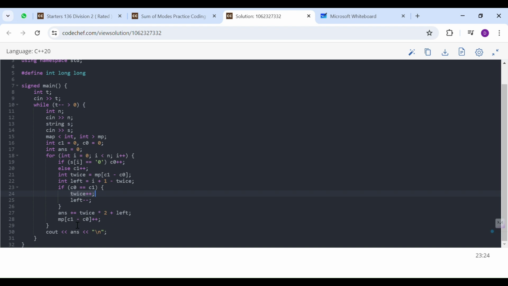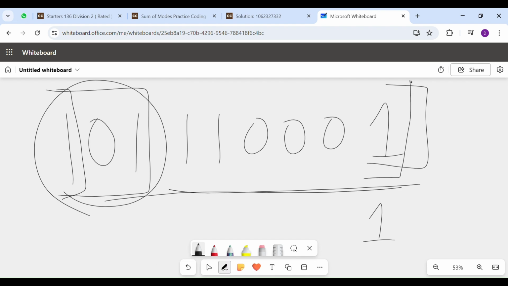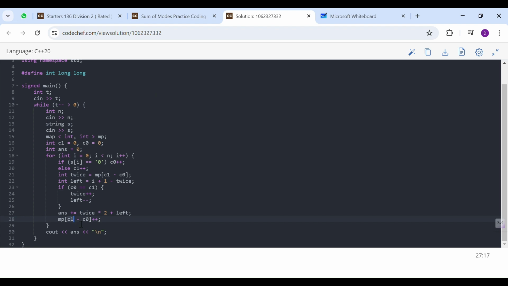Okay, and at the end I just add twice into 2 because that answer is 2, plus left into 1, and then I will have to append this value also in the map. So I append the difference value in the map, and then the sum of all of these answers will be my final answer. The link to this code will be placed in the description.